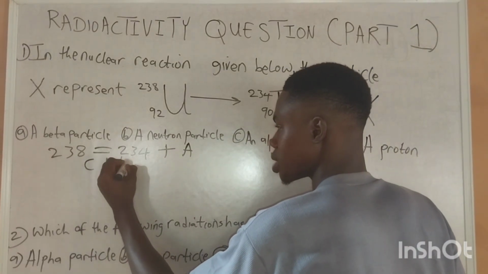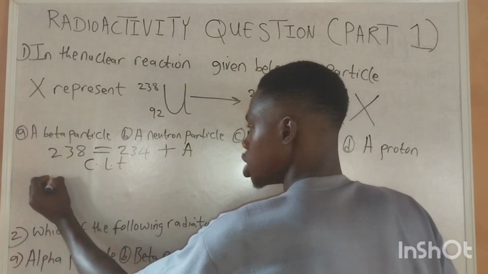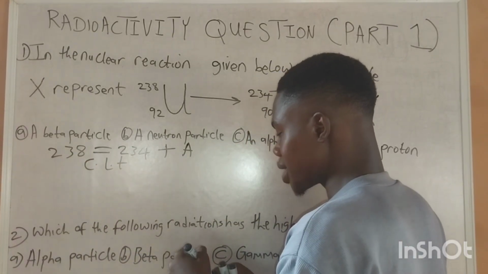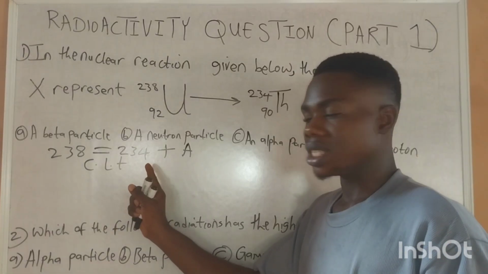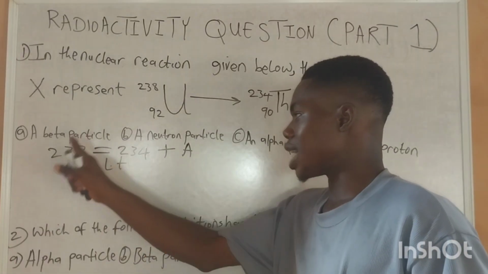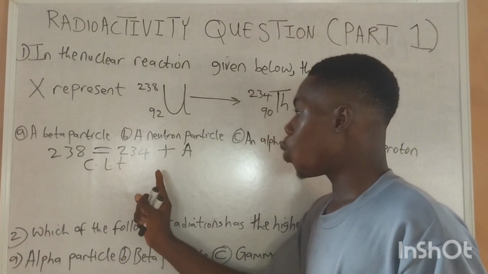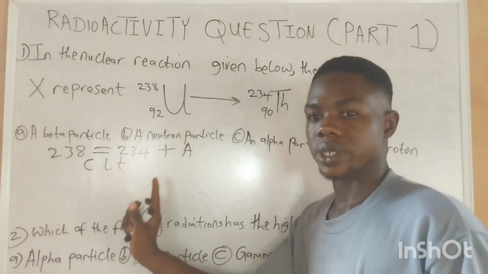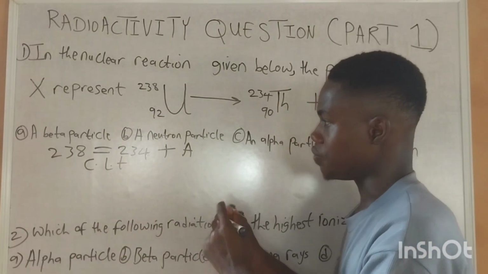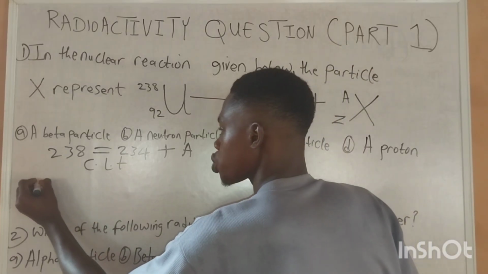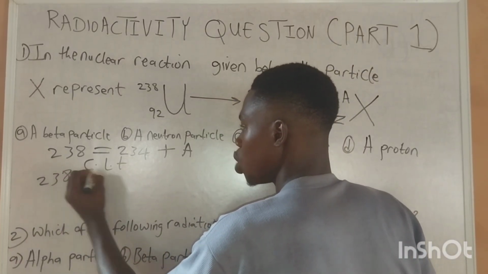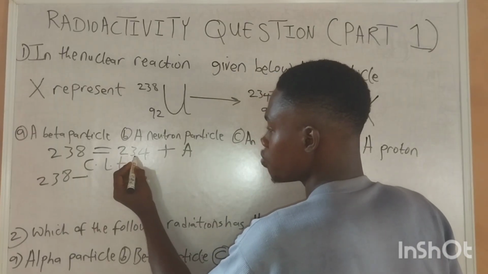Now we collect like terms, so we move 234 across the equality sign. Please take note that when a positive number crosses the equality sign, it changes to negative, and when a negative number crosses the equality sign, it changes to positive. So it will be 238 minus 234 equals A, because 234 is a positive number crossing the equality sign.